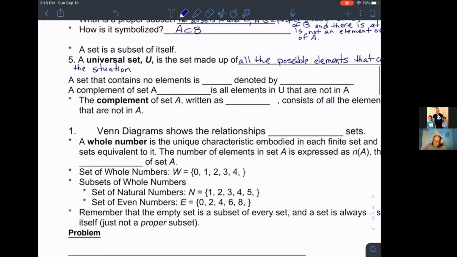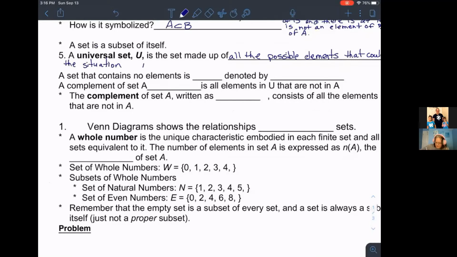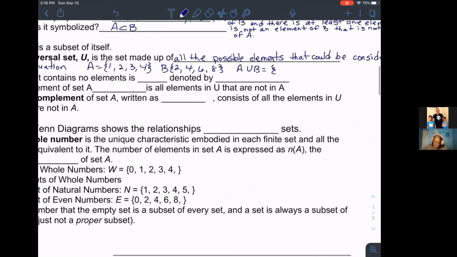So say set A has 1, 2, 3, and 4, and B has 2, 4, 6, and 8. The universal set of A and B would equal all of the elements connected to both.